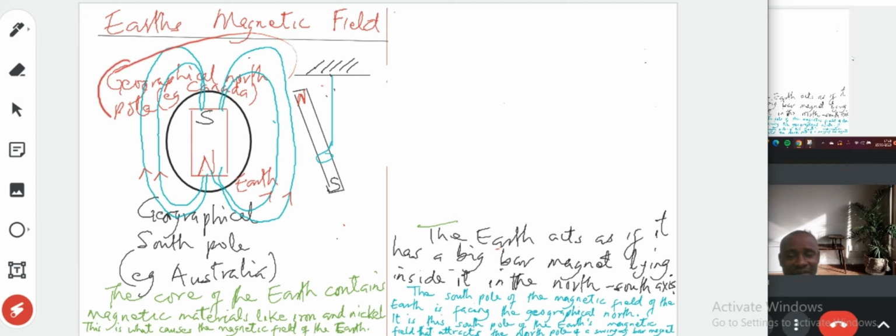It's in the geographical north. In the geographical north of the Earth is where you have the south pole of the Earth's magnet. Can you see this bar magnet inside the Earth? Did you see that its south pole is actually in the geographical north of the Earth?